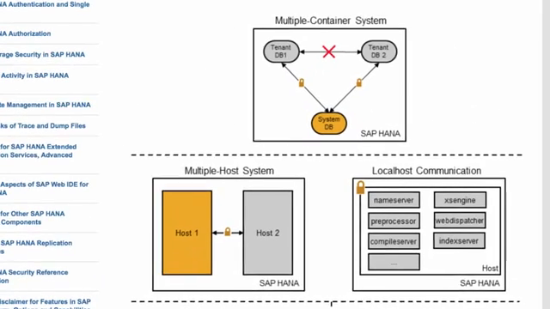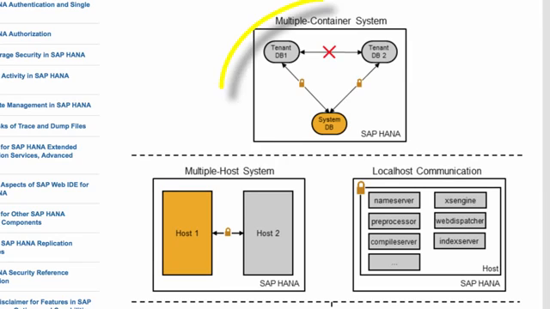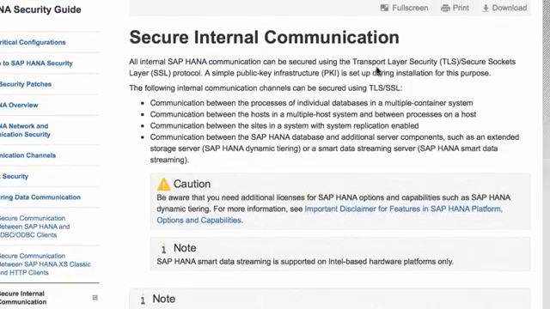And also, and this is relevant for our VM, when running a multiple container system, the communication between the system database and the tenants is secured, and it also locks the communication between the tenants. Of course, you can enable this in certain situations, but by default, this will be locked. So this is secure internal communication.